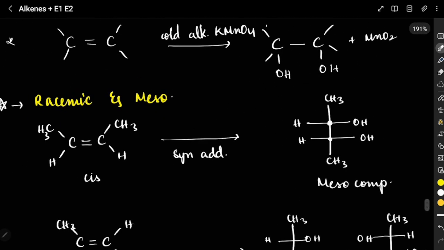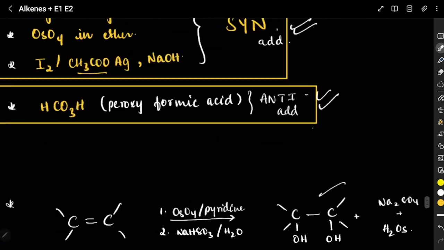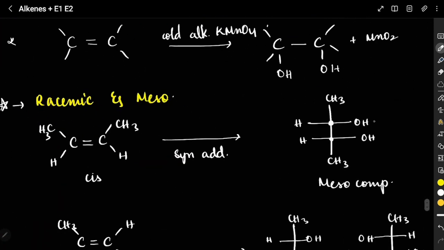Now I have taken this cis alkene here, as you can see, and I am doing syn addition. Then the OH groups are added on the same side. Then what will be the enantiomer? Same side OH should be there. So only one compound is formed.